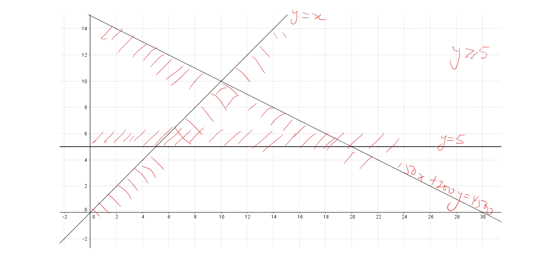So the region that actually satisfies all the inequalities is represented by this triangle here.